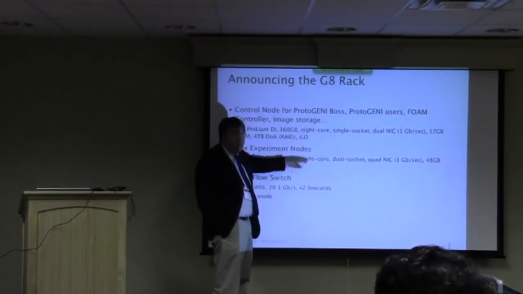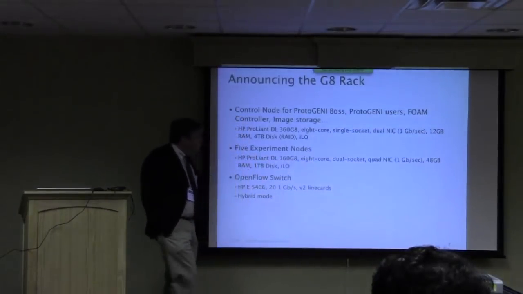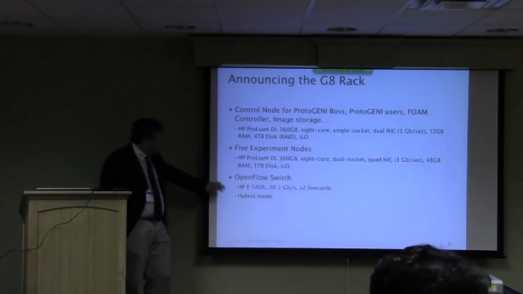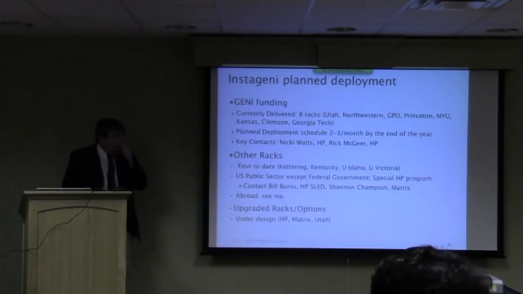So instead of having 12 cores in a worker, you now get 16 cores. So overall, the rack will have about 80 cores in it, which gets us up to 2,500 full performance. The OpenFlow switch is unchanged.